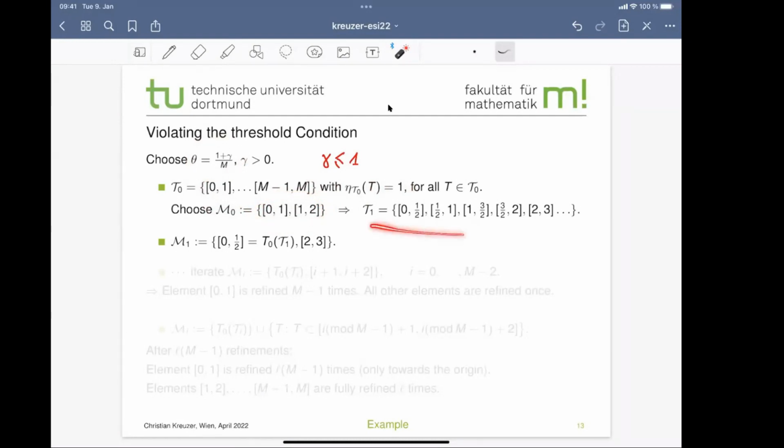Then we refine, we get this guy here, and in the second iteration, we choose for the marked elements again the first interval, and then the next unit interval in the triangulation.